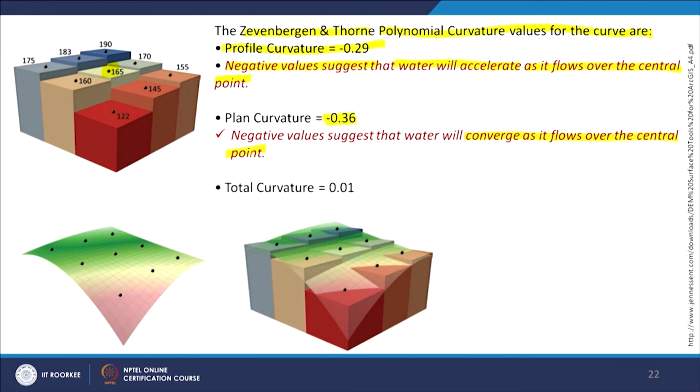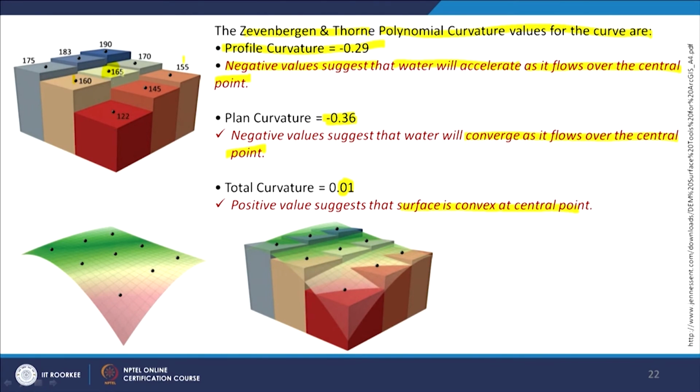And the total curvature, when you calculate it, is 0.01, and that basically indicates that this is a positive value, which suggests that the surface is convex at the center point, which you can also feel here because there are 160 value and less than 165 values are there.